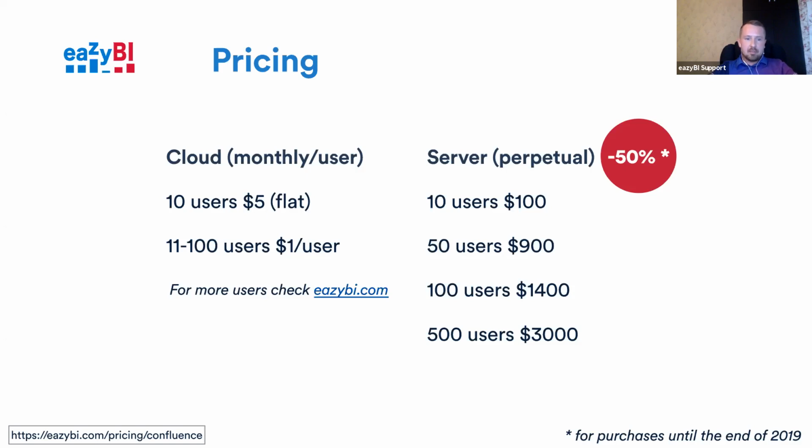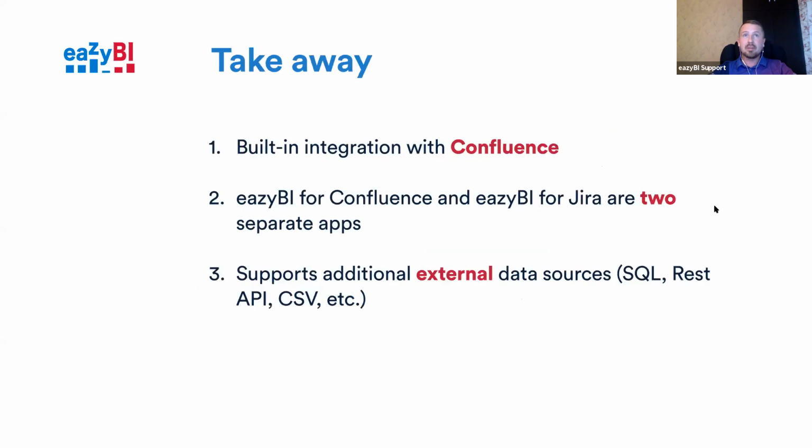So yeah, this is pricing, and then maybe we can look at the most important things that we can take away from this webinar. So remember, it has a built-in integration with Confluence, and it gives you the possibility to analyze page views, and some aspects from the author perspective. If you use Jira and Confluence, these are 2 separate apps that you need to have.